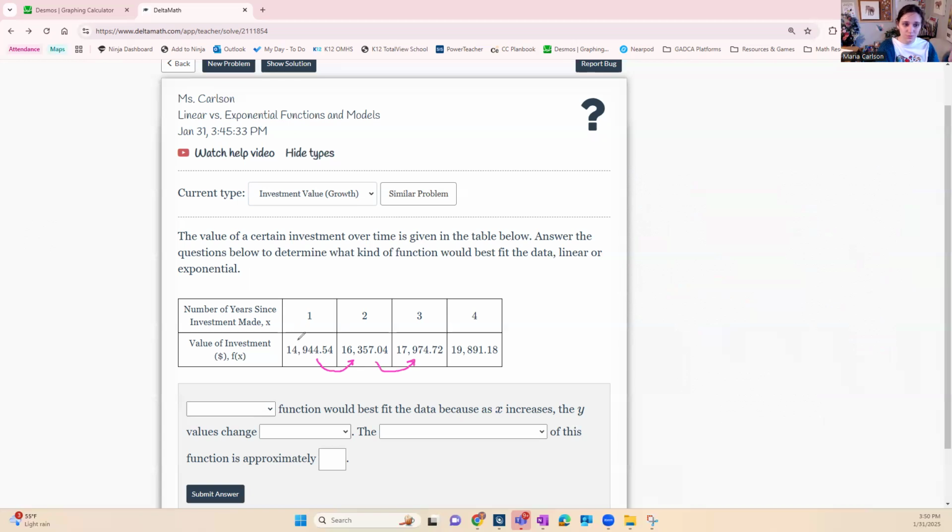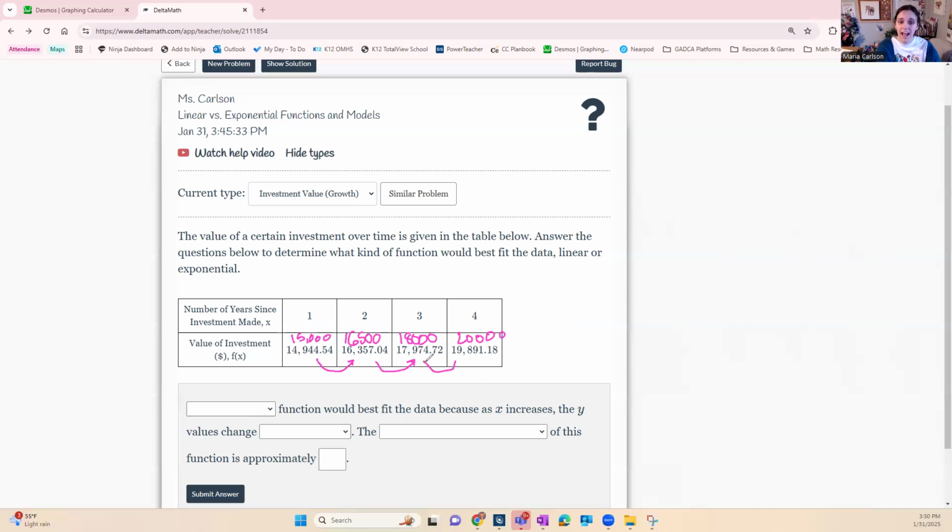From 14, this is really like $15,000 to the next year, let's call it about 16, well, we'll round it to $16,500. And then the next year to about 18. And then the next year to even about, we'll call that 20.